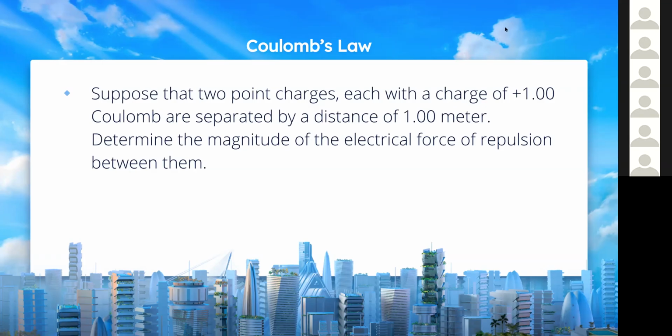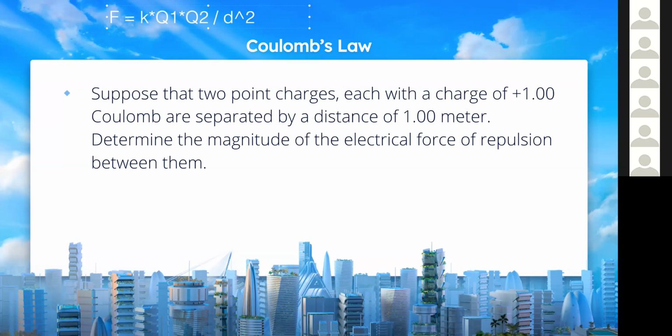So let's practice a little bit with Coulomb's law. And I'm going to go ahead and make sure that you are looking at Coulomb's law, so that we're not just talking about it. So let's write this out. F equals K times Q1 times Q2 divided by the square of the distance.